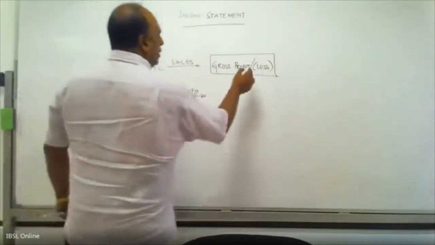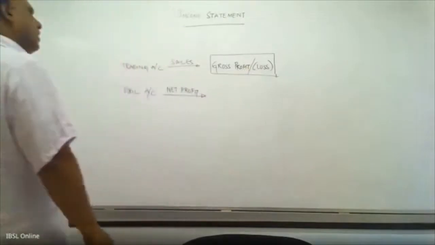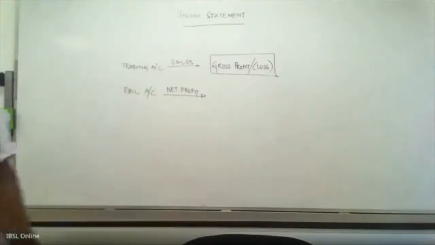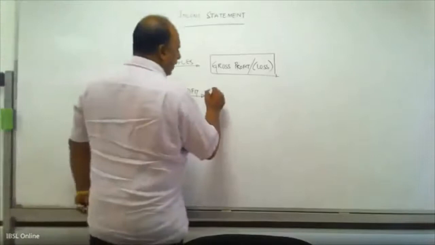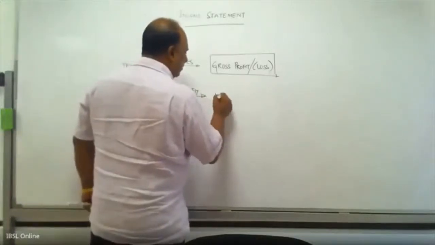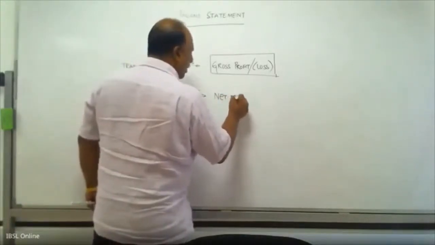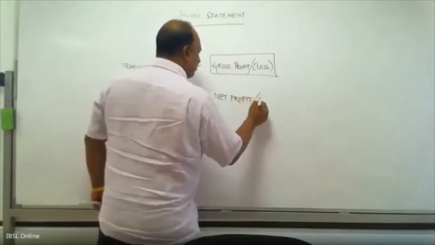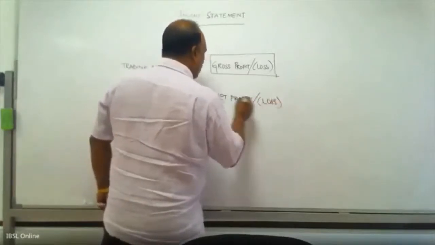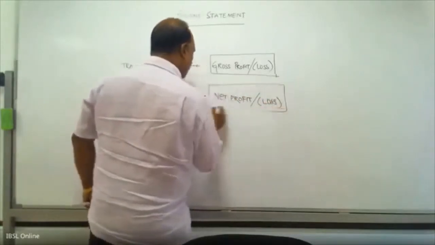I am putting the loss in brackets, which means it is a negative. The ultimate result of the P&L account is to have a net profit or a net loss.